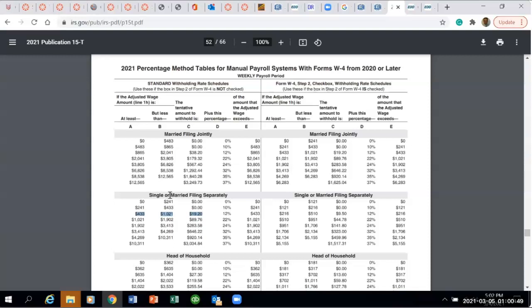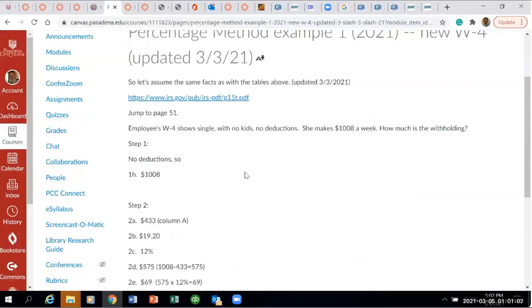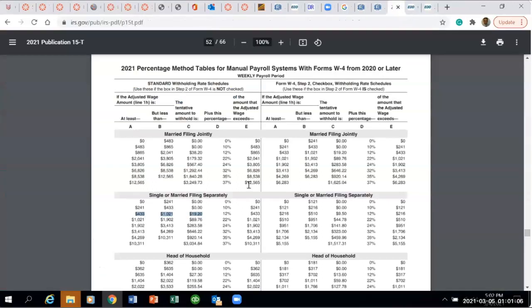Yeah, okay, yes. So on one of the examples, it was the same theory, right? But I didn't know which one to use. Do I use the standard withholding rate, or would I use the form W4 step 2?